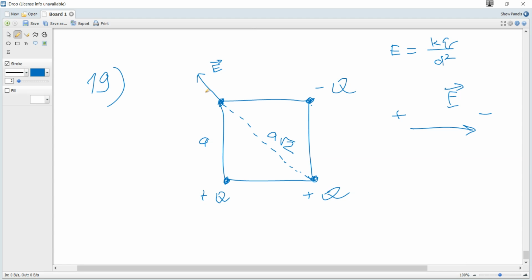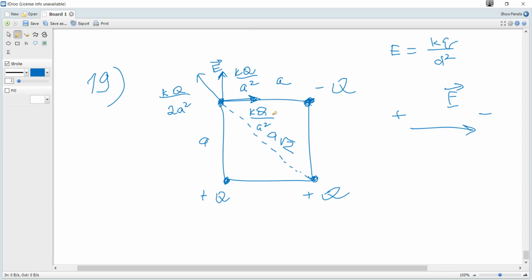So this magnitude becomes kq over 2a squared, and this magnitude becomes kq over just a squared, and due to the minus, from plus to minus, it is of the same magnitude as this plus q, so kq over a squared.